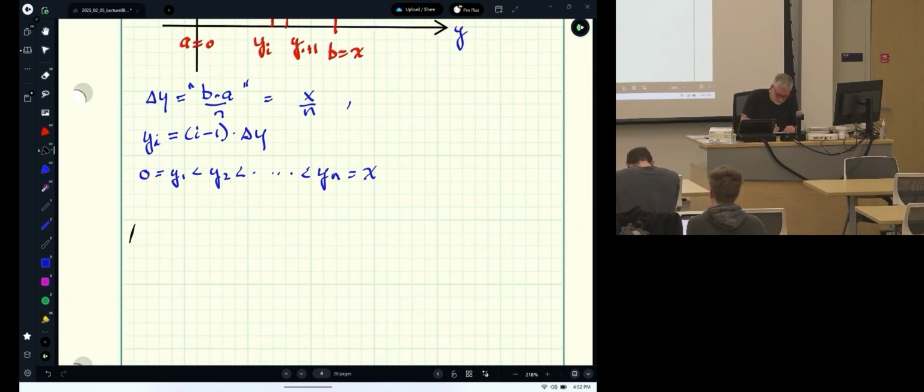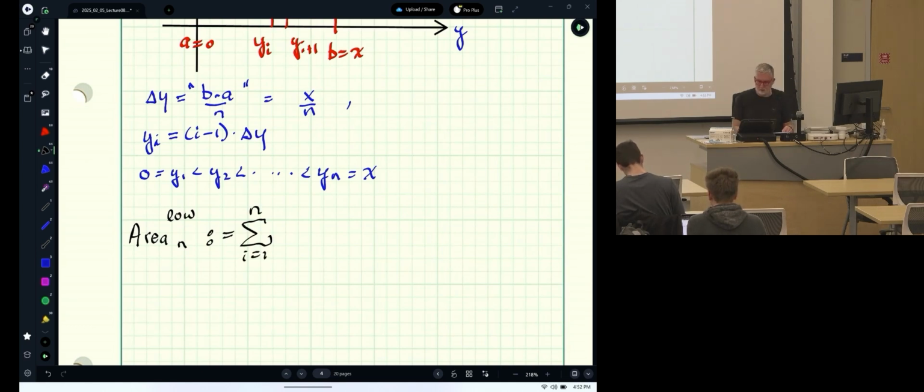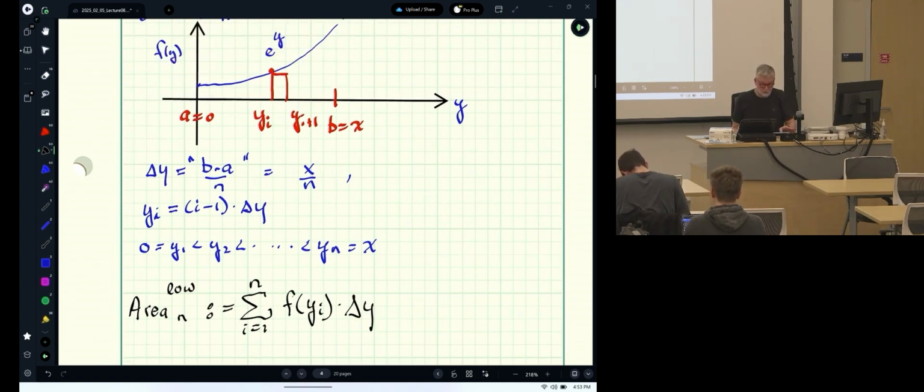And then area low n is by definition equal to the sum of the n rectangles we get by taking the left value times delta y. So this is because it's the lower sum.